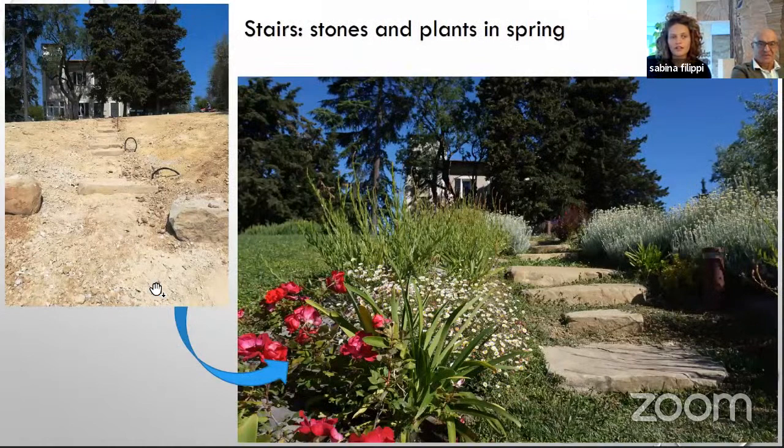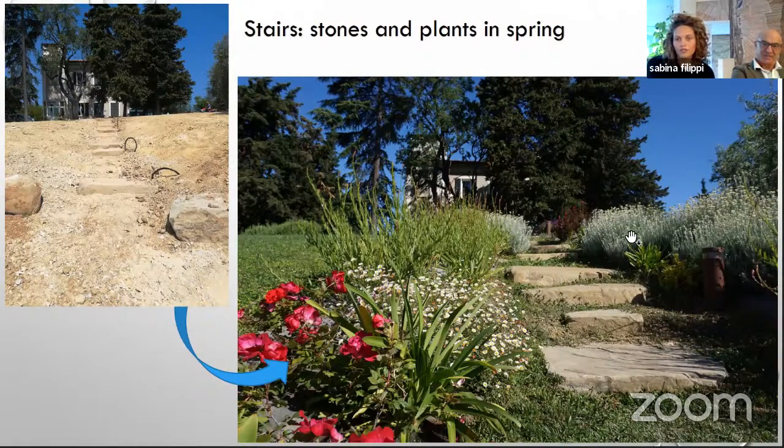Once we realized the stairs, we planted some species of plants using the criteria of the blooming period. So we wanted plants that were able to bloom during the spring and summer, which is the period the pool is most used.